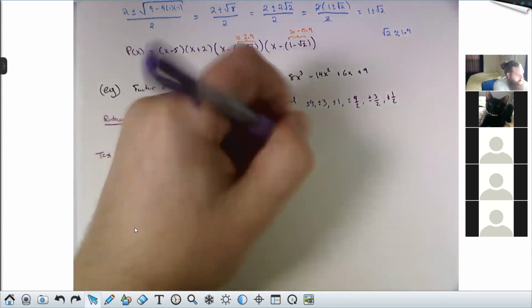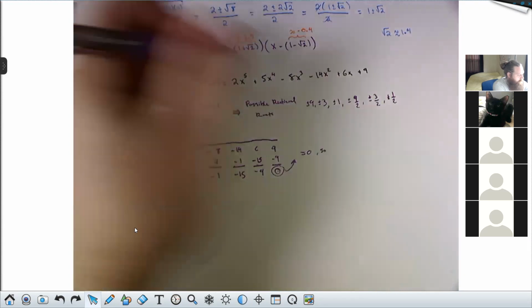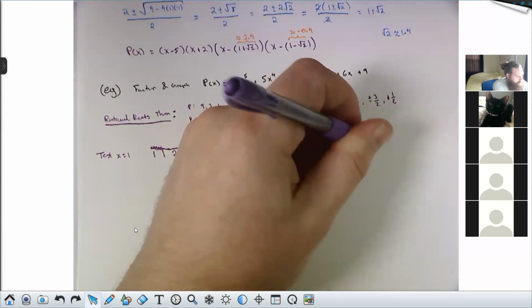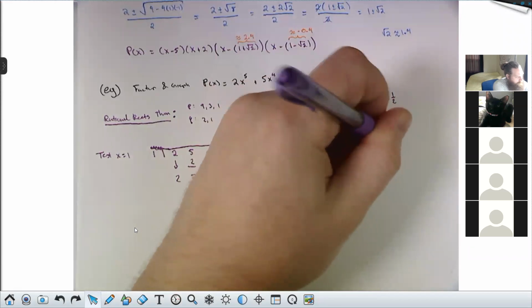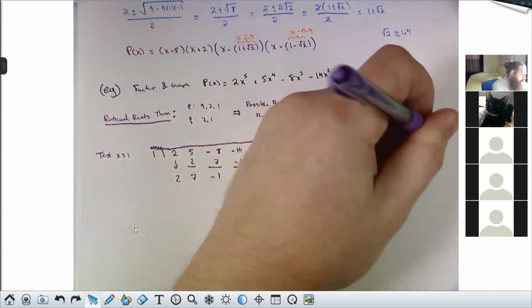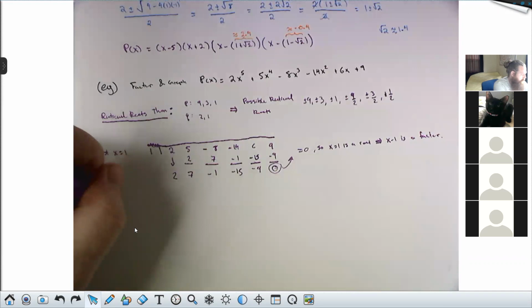Since my remainder is 0, we learned that x equals 1 is a root, which means x minus 1 is a factor. And that allows us to start factoring this thing.